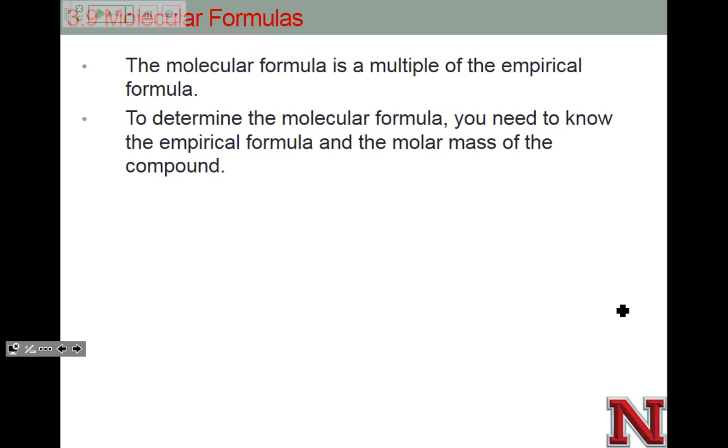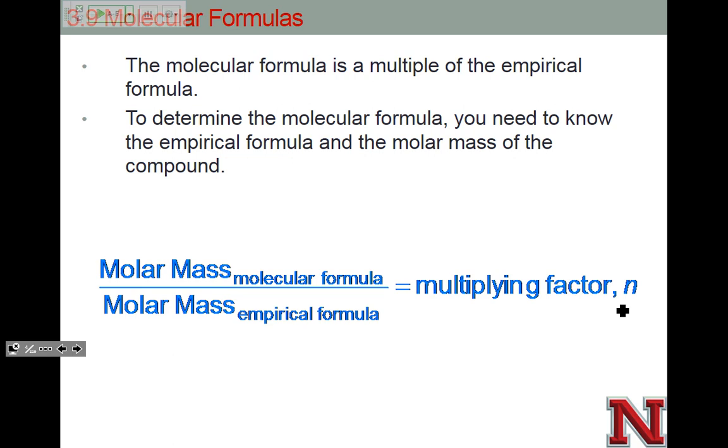molecular formula. So if we found the empirical formula, how do we know if it's the correct formula or if it's just our lowest number ratio? Because that's going to be really important for understanding our molecule, knowing what it looks like. To determine or calculate the molecular formula, we need one thing: the molar mass of the compound. The molar mass of our empirical formula is clearly going to be either the same or smaller than the molar mass of our molecular formula.